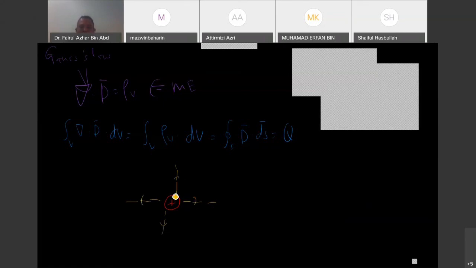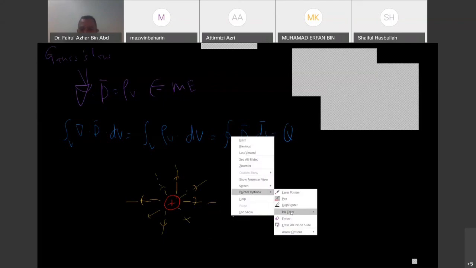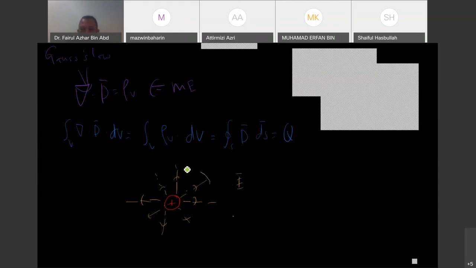Based on this fact, we will have the shape of this field in a spherical shape, like this, because the shape of the charge is also spherical.